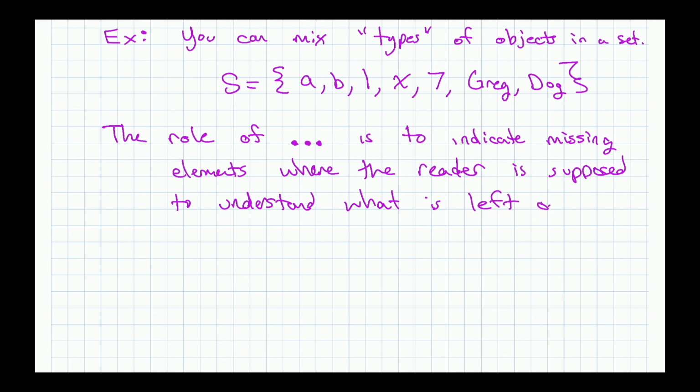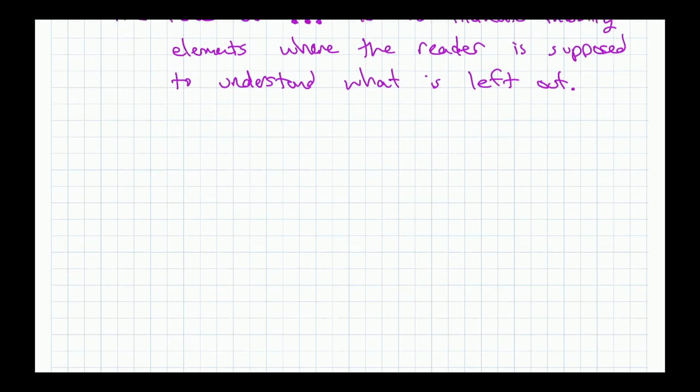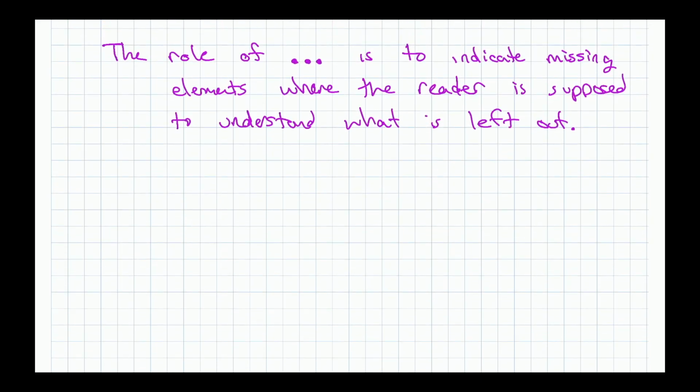So what does that mean? Let me actually highlight this here so you can find it if you look at the notes later. Okay, so what does that mean? So something like this.